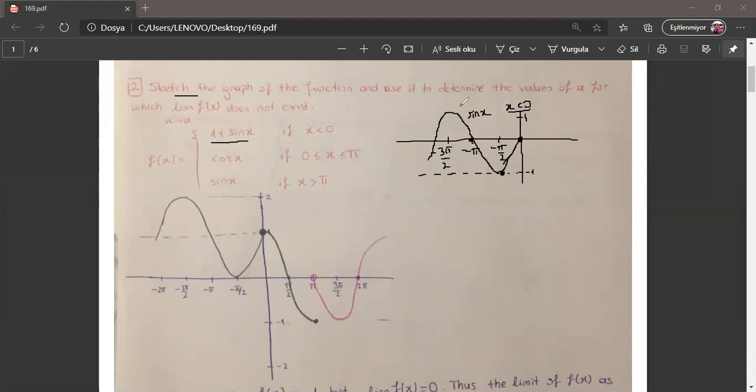We need to find the value a for which the limit of f when x is approaching a does not exist. Remember, here x is less than 0, so it is an empty dot. But here we have the equality, and when x is 0, cosine 0 is 1, so we have this.